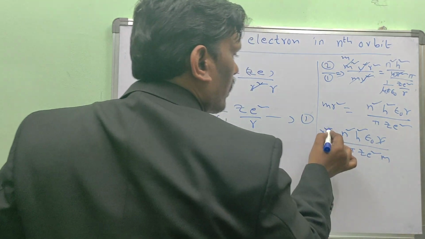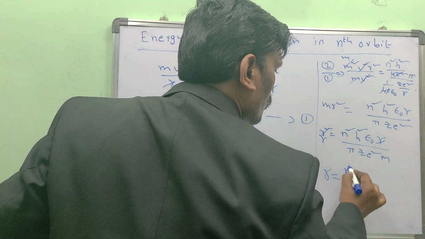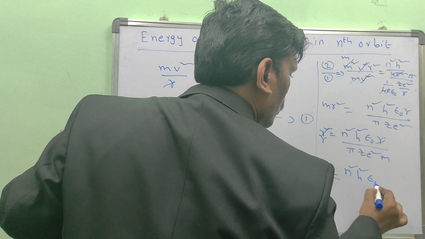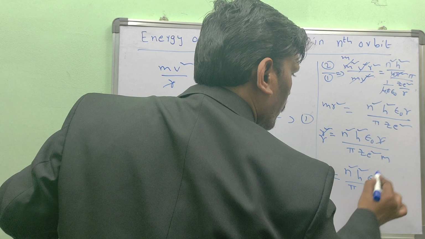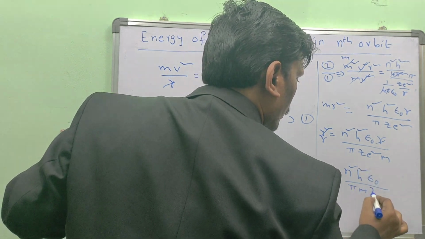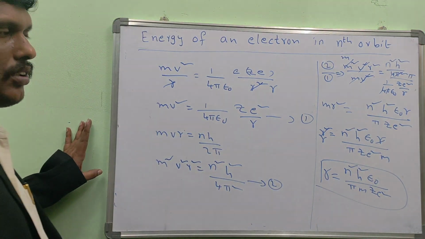So one r gets cancelled, r square by r. Finally, what is the radius I got? Simply n square h square epsilon naught upon pi m Z e square. So this is the radius formula for any nth orbit.